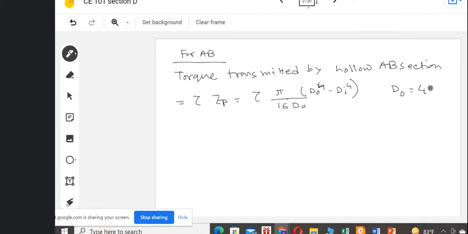D naught is 40 millimeter. Please write down with me, then you can check it once again and find it easily. So this is 20 millimeter.